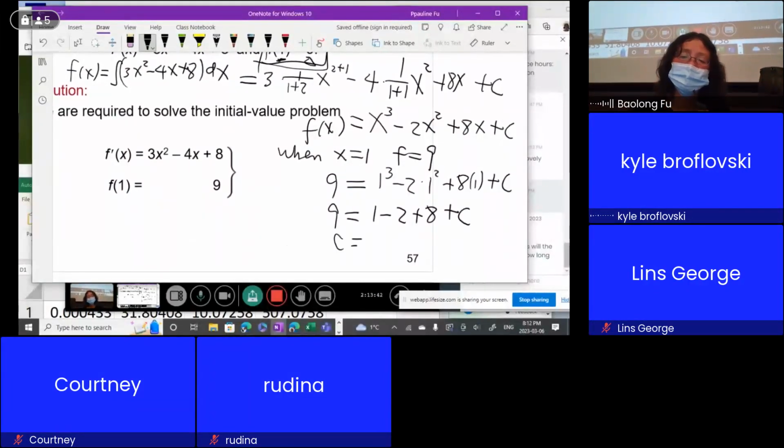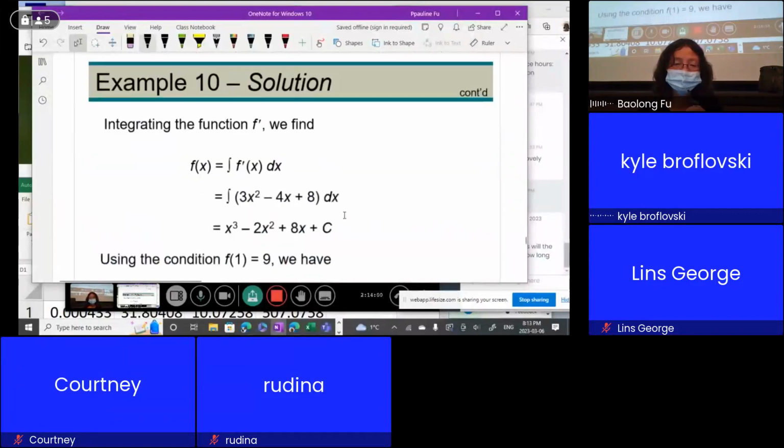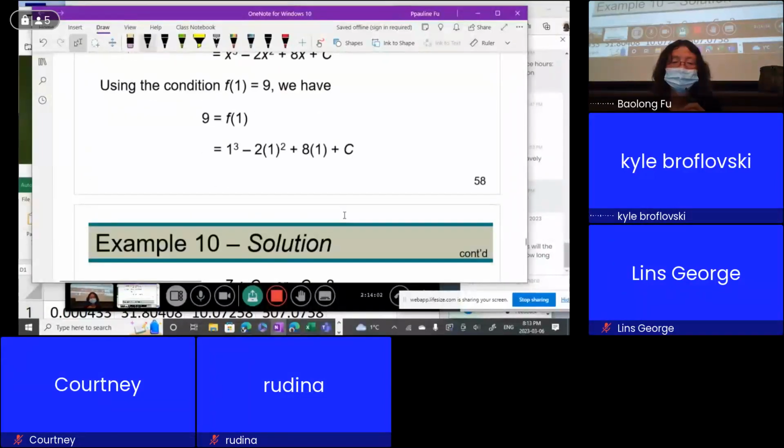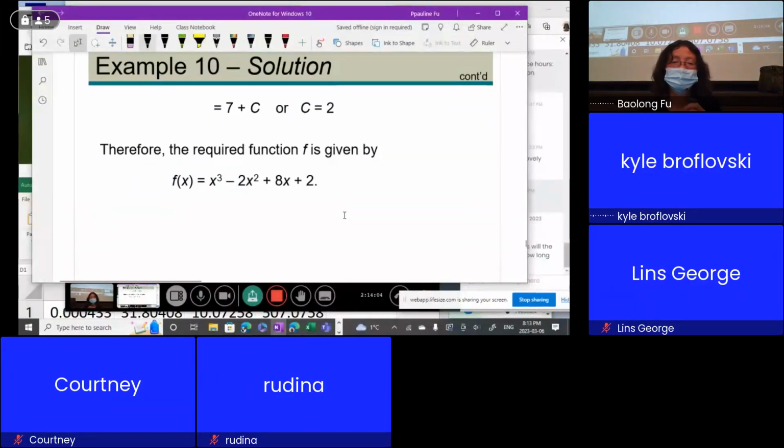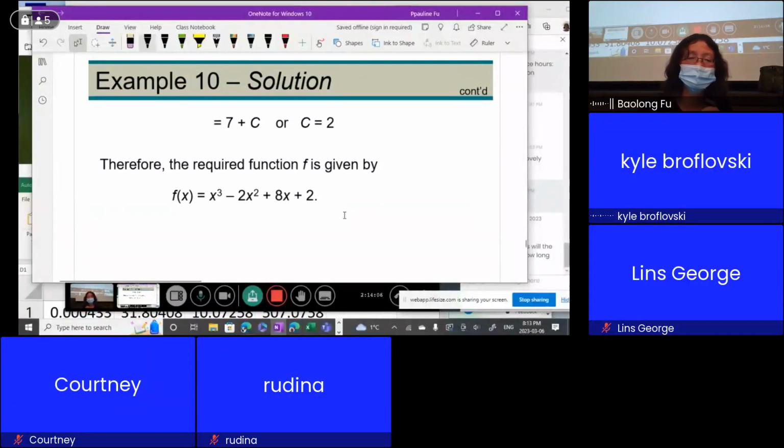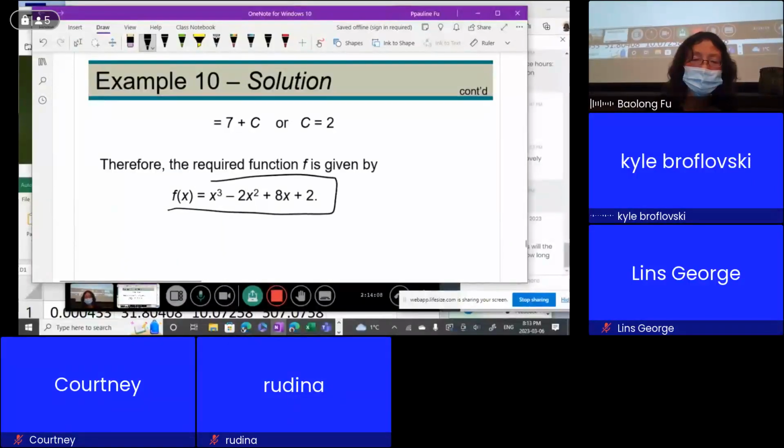So c equal to 2. Any questions? We got c equal to 2. So plug in c equal to 2 into this one, and we found the final result.